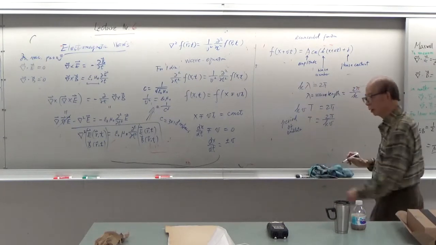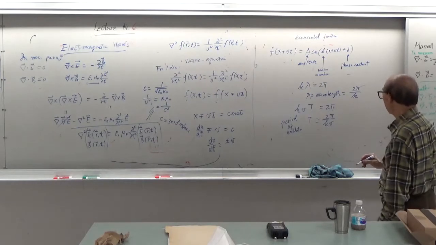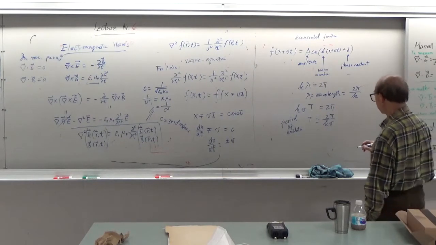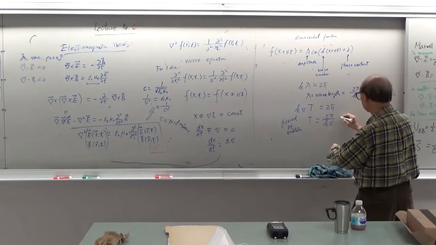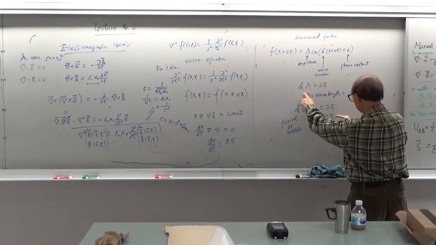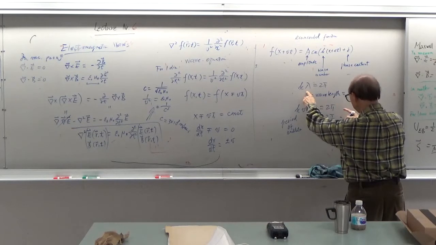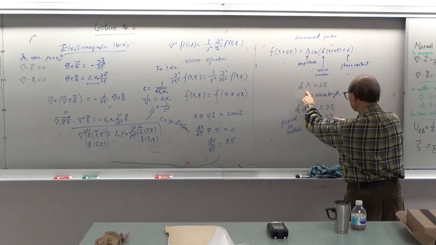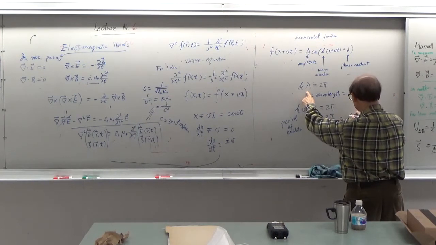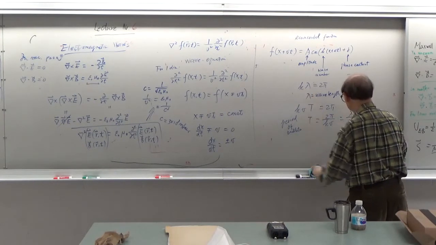It's denoted by T here. Since 2 pi over k is nothing but lambda, T is lambda divided by v, if I'm not mistaken.